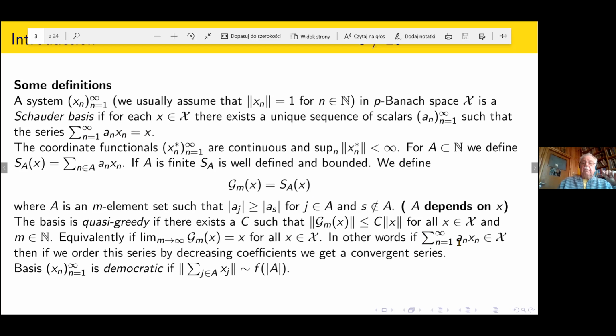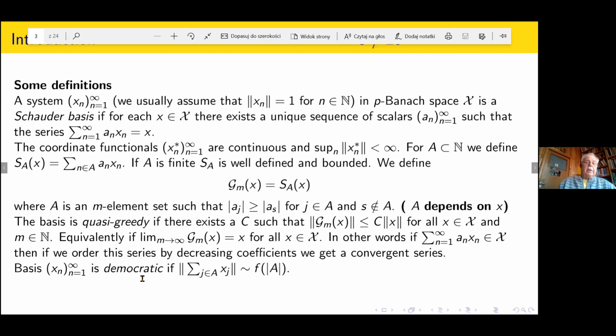So we simply have the standard coefficients of the basis, and the coefficients can be big, small, whatever, jump back and forth. But we say that we want to have them decreasing, and then we look at convergence or not.